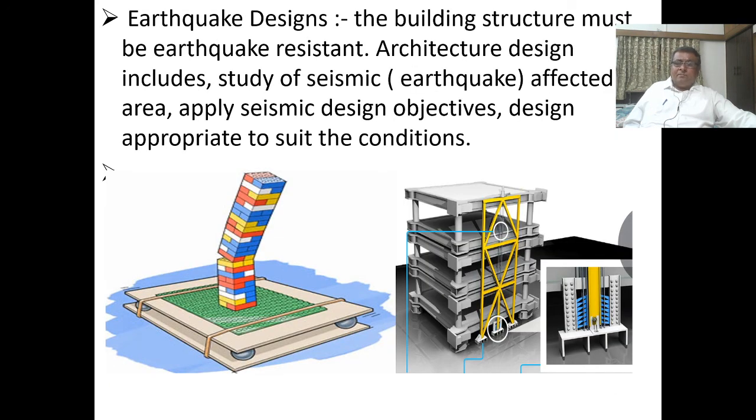Then earthquake design. The building must be earthquake resistant. Architecture design includes study of seismic, earthquake affected areas, applying seismic design objectives, and a design appropriate to suit the conditions. The architect should take into mind the study of seismic or earthquake affected areas.